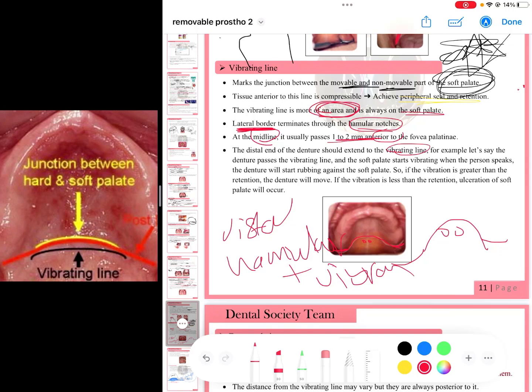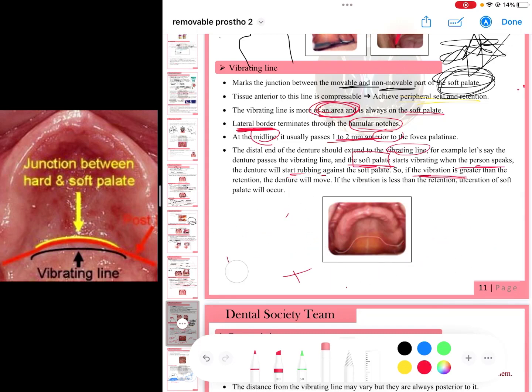So as I said, the movable part of the soft palate, when you speak, will vibrate, it will start moving. What will happen if I extend the denture posteriorly? If I extend my denture posterior to this line, if I created my denture like this, what will happen?